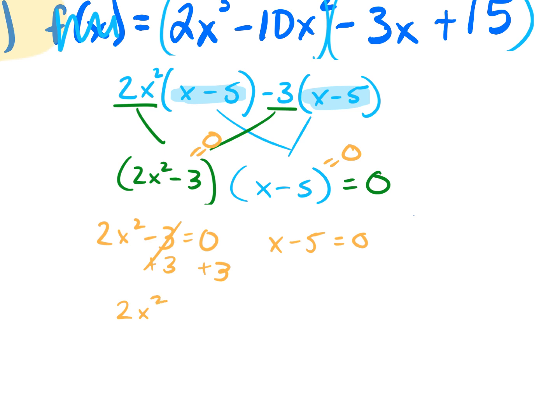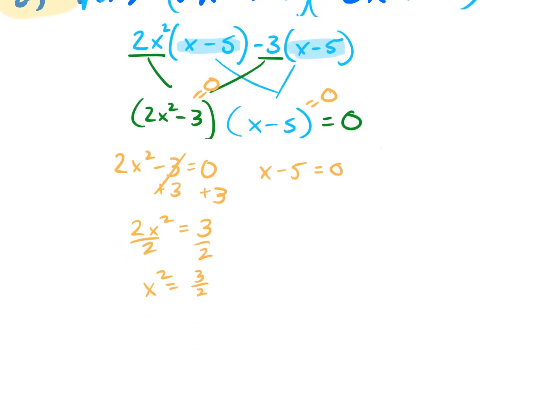So 2x squared is equal to 3. What would we do next? Divide by 2. X squared equals 3 over 2. Then what? Square root. So x is equal to what? Plus or minus square root 3 over 2.